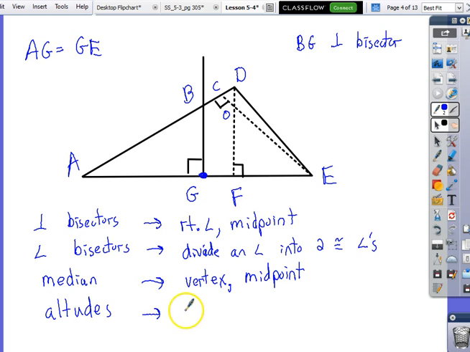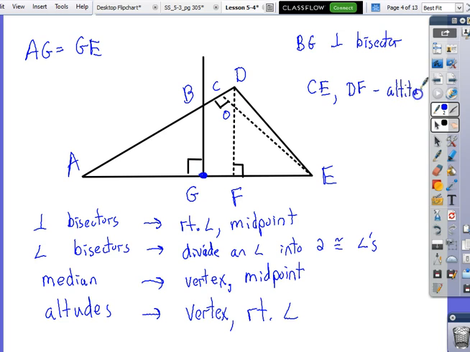And finally, an altitude has a vertex or a corner of the triangle, and it also has a right angle. So here we have a corner of the triangle and a right angle, a corner of the triangle and a right angle. So CE and DF ended up being what?